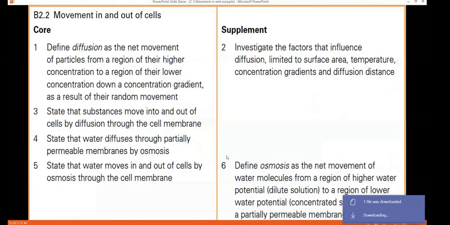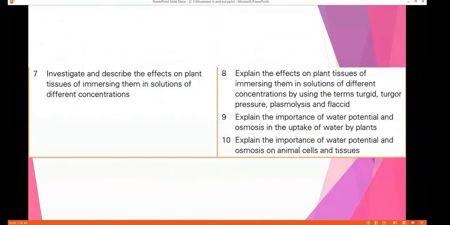All right. You have the same information from the textbook as to what is the objective and the skill for the core and the supplement. Also, from the MLG, I want to read out the guidelines which we follow before teaching. For the osmosis topic, the objective is to investigate and describe the effects on plant tissues of immersing them in solutions of different concentrations, and also to state that plants are supported by the pressure of water inside the cells pressing outwards on the cell wall.